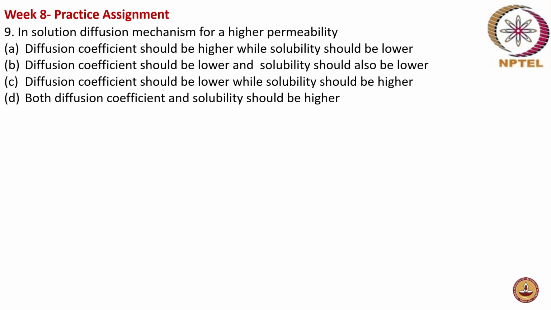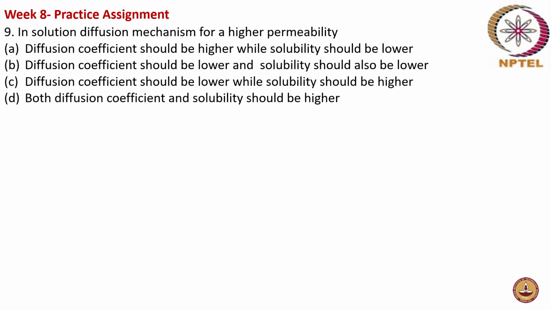Both diffusion and solubility, ma'am. You're saying for solution diffusion mechanism, the diffusion coefficient should be lower. Okay, diffusion coefficient should be lower. And what about the solubility? Fourth option, ma'am. Both diffusion coefficient and solubility should be higher.